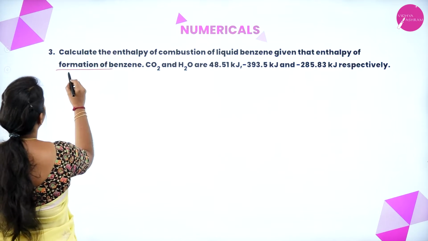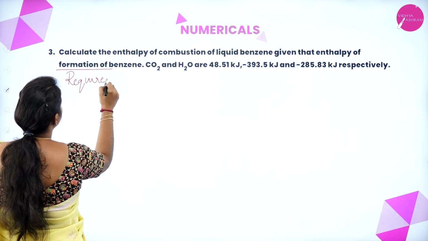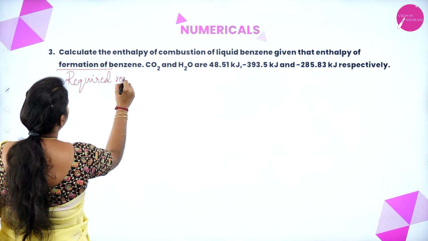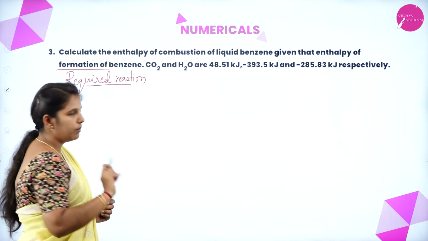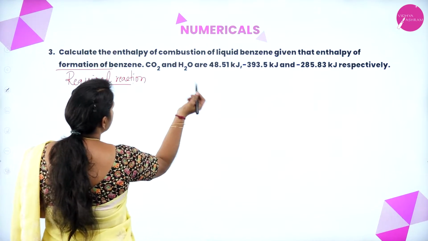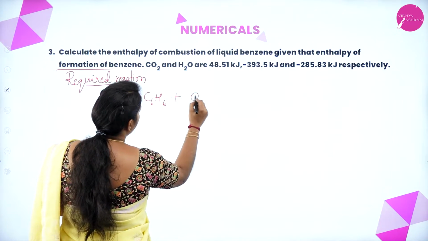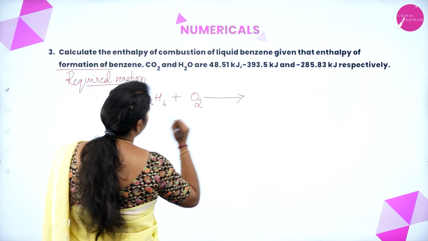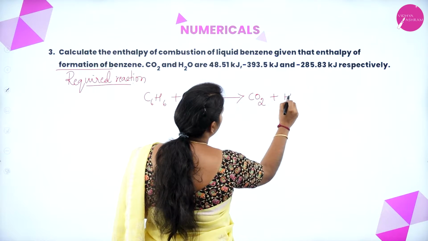First we need to write the required reaction. What is the reaction we require now? The combustion of liquid benzene, C6H6, which reacts with oxygen, undergoes combustion and gives carbon dioxide and water.